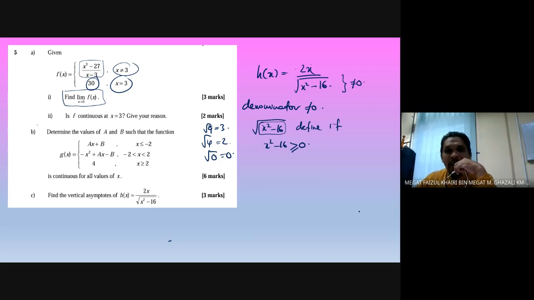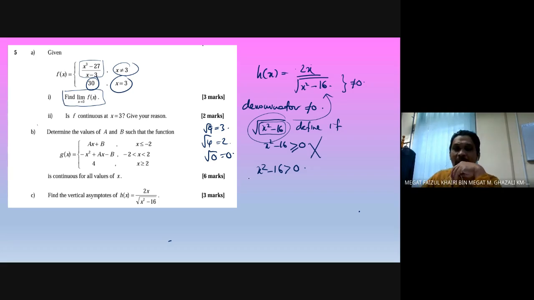By the way, bring this to the whole function here, and the denominator cannot be equal to 0, meaning this condition is canceled. Okay, kita kata terbatal. Eliminate. So we can only come up with x squared minus 16 is greater than 0.